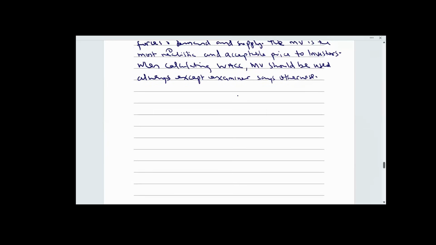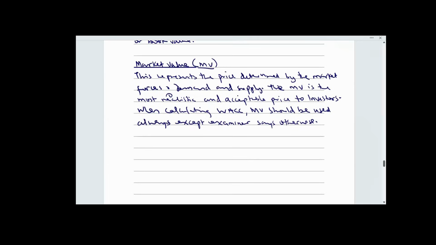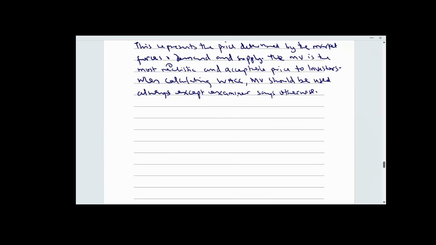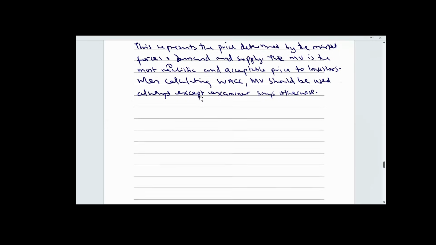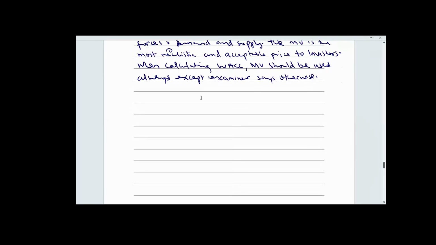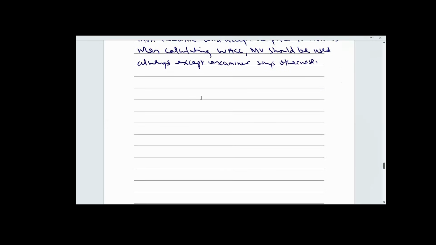Okay. So how do you then calculate market value? So let me put it down for you. I'm taking my time to write all of this in your notes on the screen for you because it's an addition to what you have in your study material. So this is to enable you to understand what you are supposed to do.